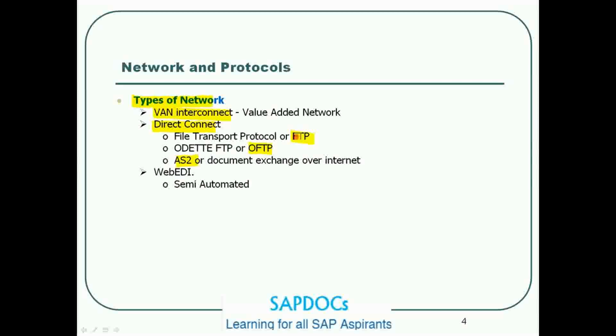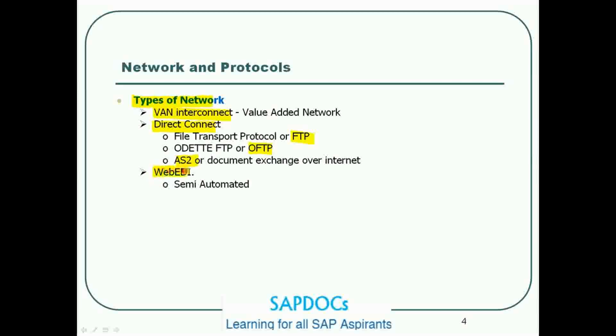FTP, which we are all familiar with, means File Transfer Protocol. A different flavor of FTP is OFTP, which is Odette File Transfer Protocol. AS2 is another protocol used to exchange documents over the internet. These are not the only three protocols you will come across; other protocols are used in conjunction with these three.